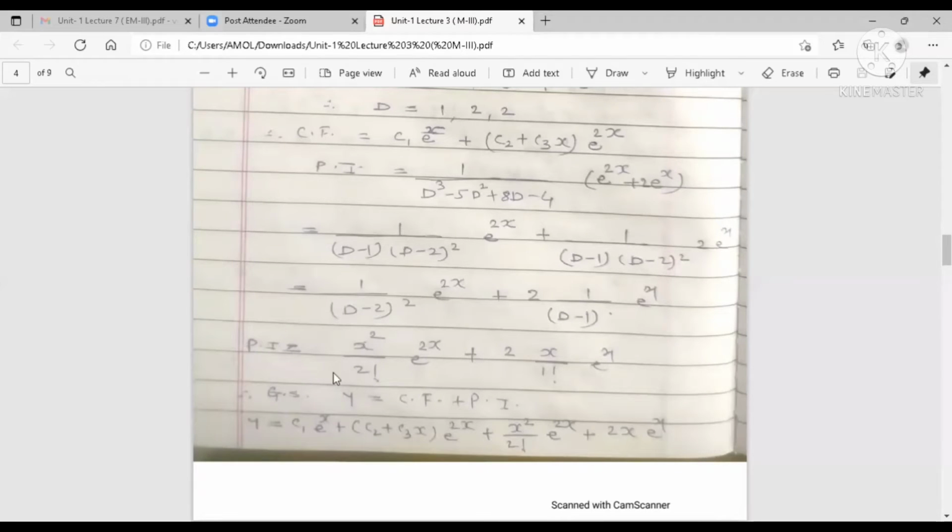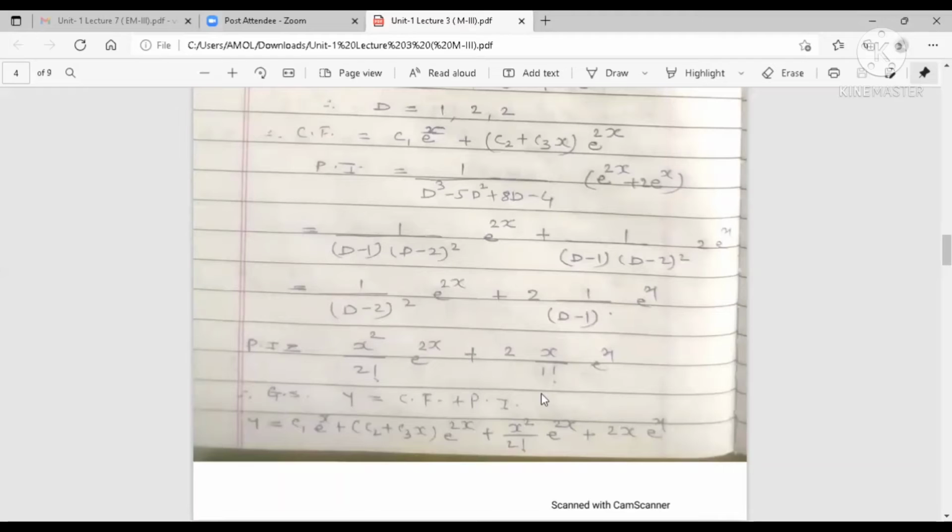So x square upon 2 factorial into e to the power 2x. And here, if we replace D by 1, because the coefficient of the exponential function is 1, then it is a case of failure. Then multiply the numerator by x, and divide by the derivative of the denominator. The derivative of D is 1, and for the other factor it is 0. So the derivative of the denominator is 1.